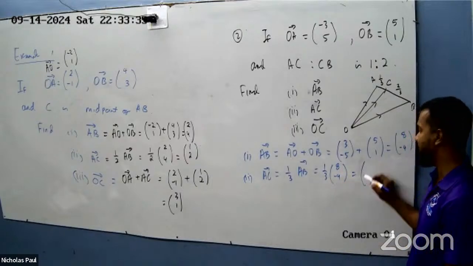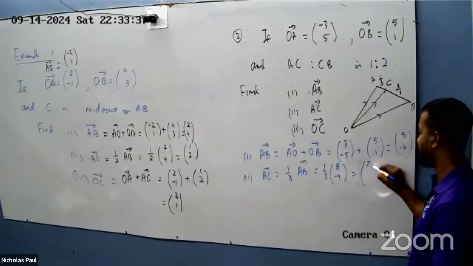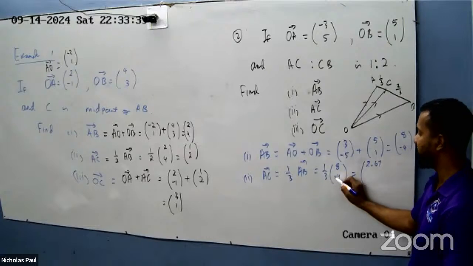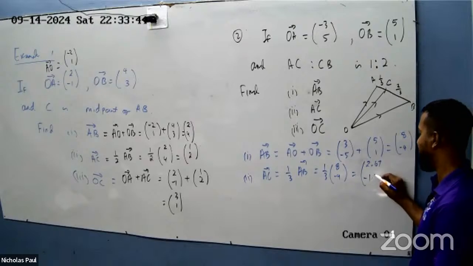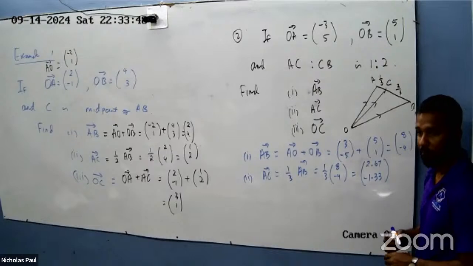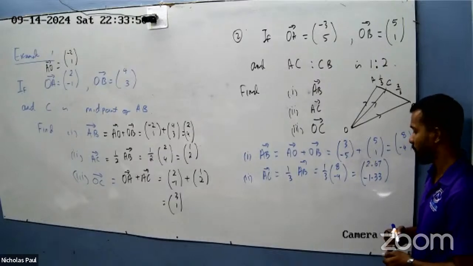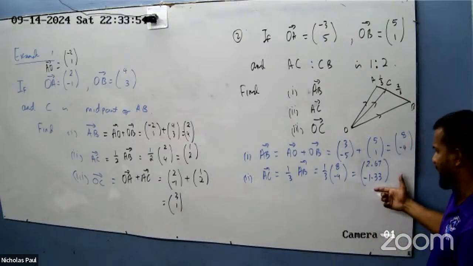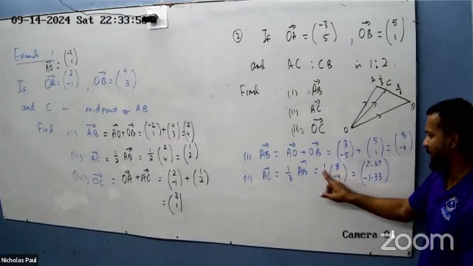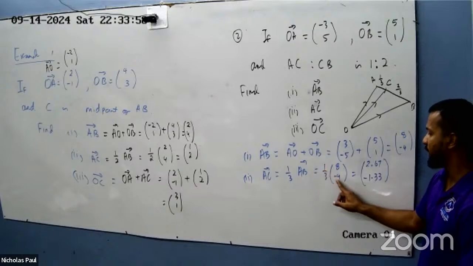So 1/3 of 8 is what? 2.67. 1/3 of minus 4 is minus 1.33. Okay with that? Just leave it like that. 8 times 1/3 is this. 1/3 times minus 4 is this.